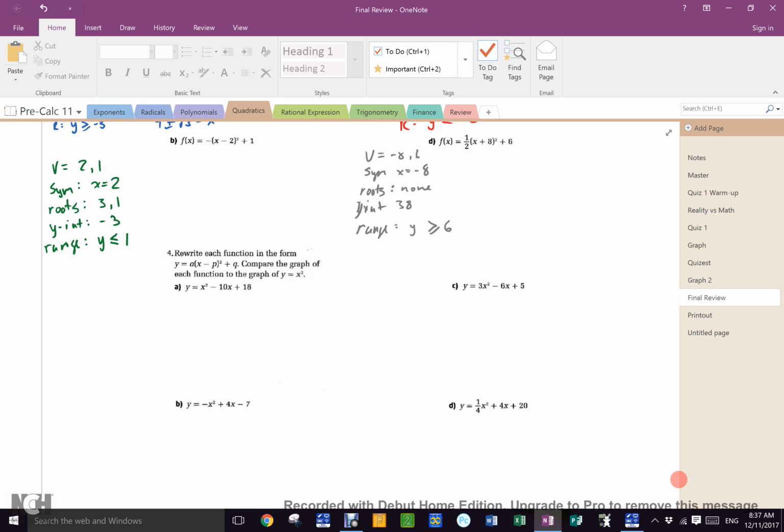Roots are the x-intercepts. Yep. As always, in every type of graphing, lines, cubics, quadratics, everything. Rewrite each of these in this form, which means you have two options. What are your two options?